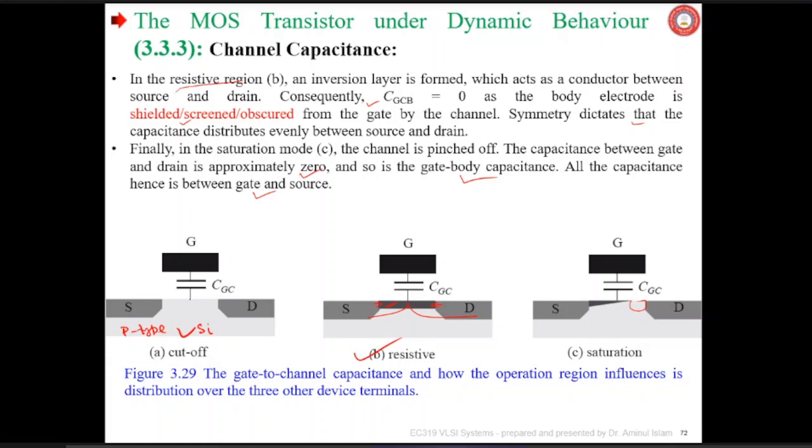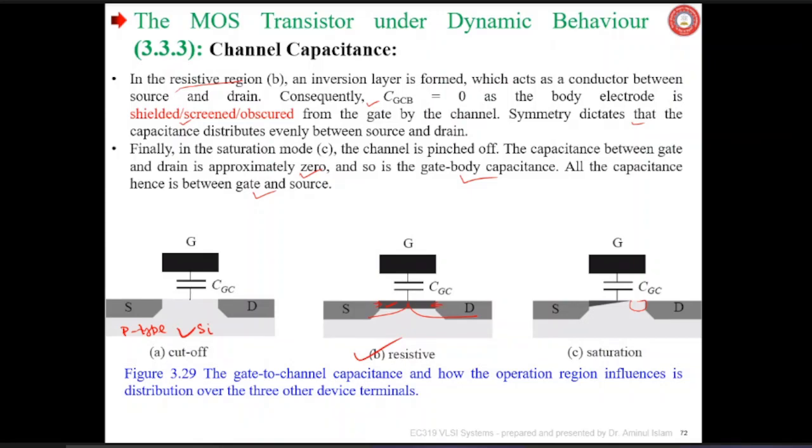Harshvardhan Agarwal, are you there? Yes, sir. There will be a very little inversion layer, sir, that is negligible. Let me say gate voltage is 0, and we are saying that it is cutoff, and we are also saying that there is no conducting path. Why? Even though we have a P-type silicon substrate. Shashank, can you say something on this?